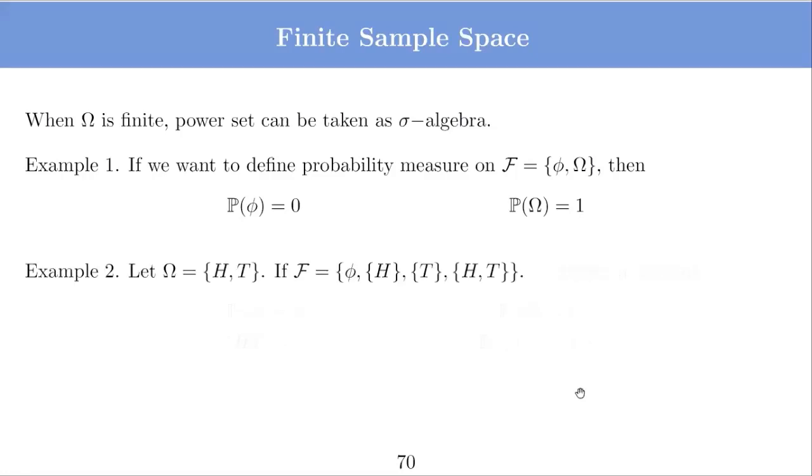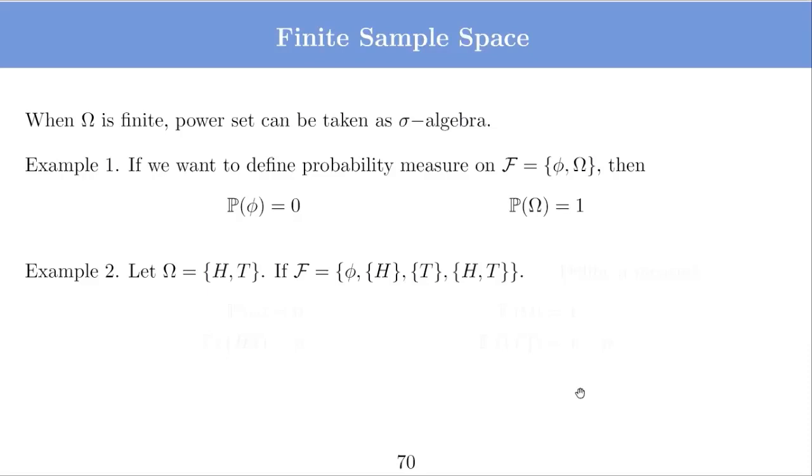What if we take another sigma algebra? Suppose our omega is {H, T}, then our F would be {phi, {H}, {T}, {H, T}}. This is the power set of omega. I have taken the largest sigma algebra possible. In that case, we can start with phi. Probability of phi should be 0. Then we have to assign probability of H and probability of T, and then probability of {H, T}.